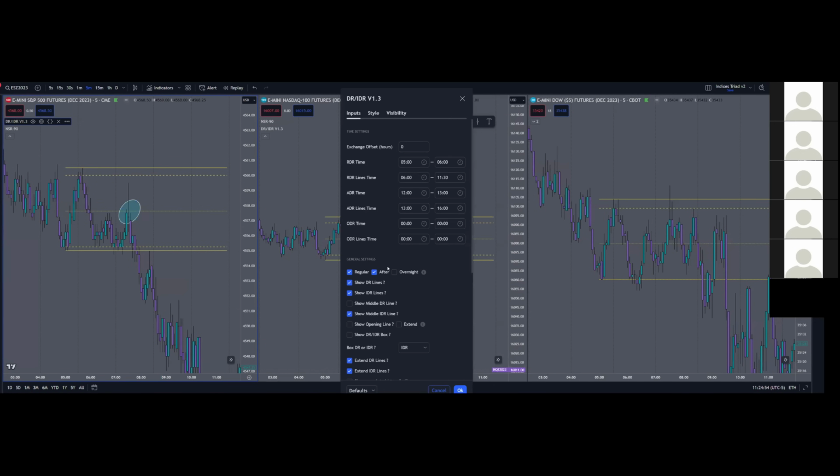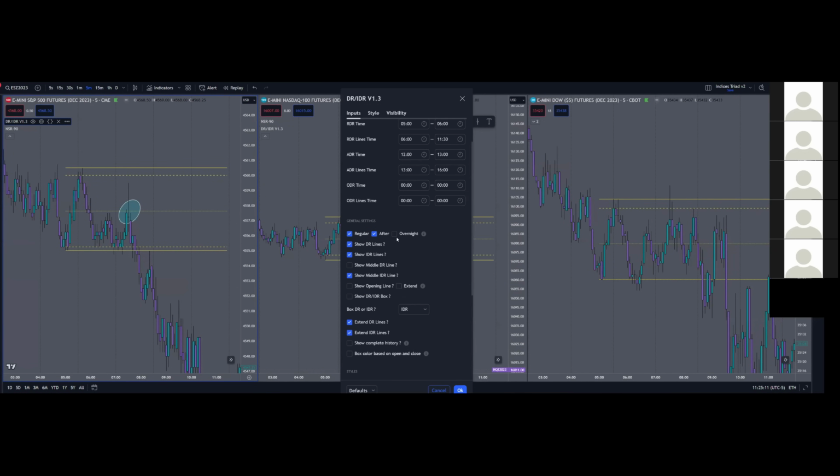Okay, so hopefully you got the settings. This is the high and low of the range, the wicks. This line shows the highest up close body, and this line shows the lowest down close body. These are the settings. Again, I forgot to mention it, sorry. But this 50% is not from the range high and low.